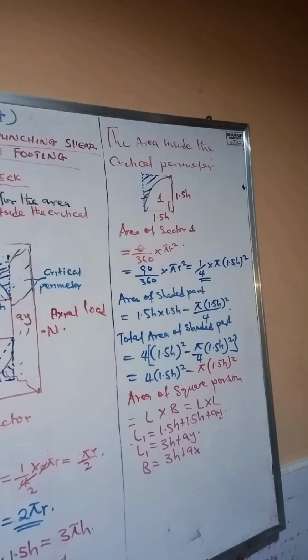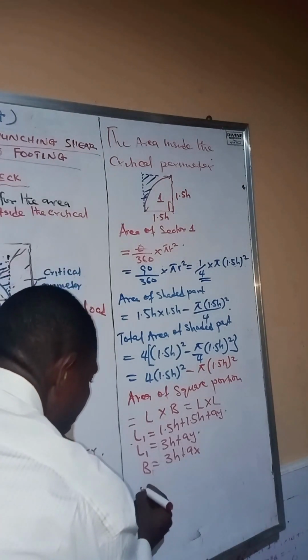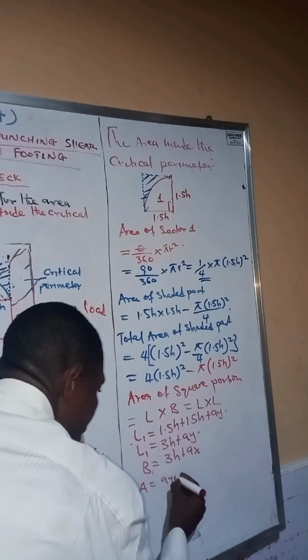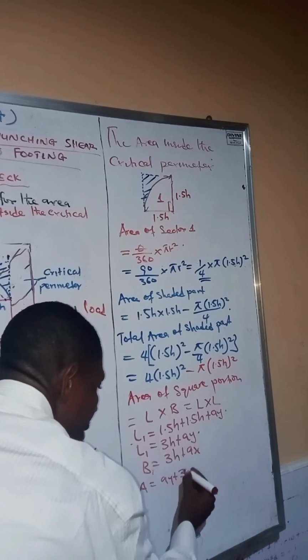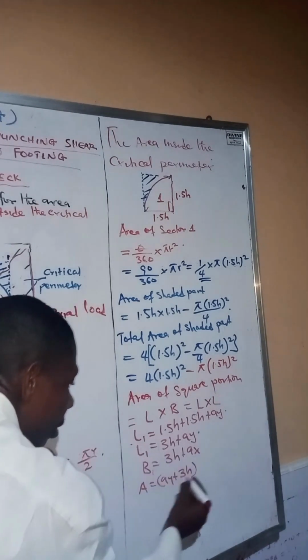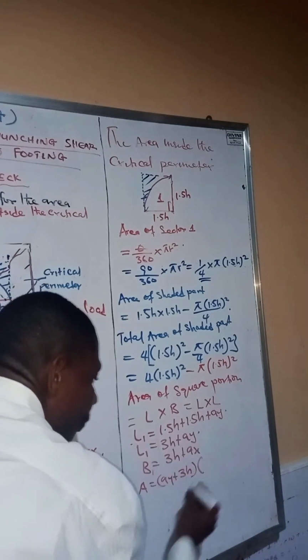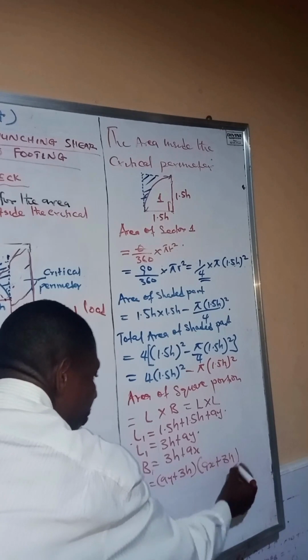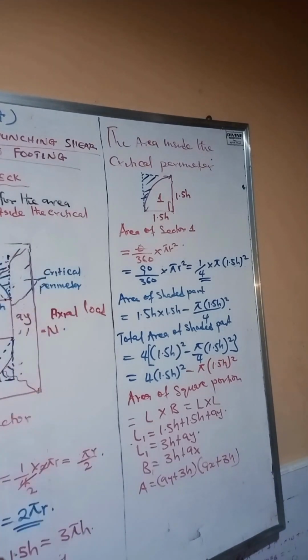So if we have these two, it means the area becomes AY plus 3h bracket AX plus 3h brackets. So this gives us the total area of the rectangle or triangle, whichever case it is that you are solving for.